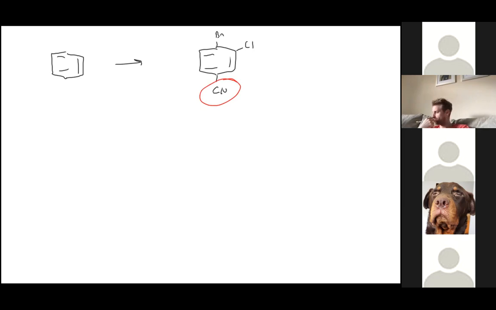I need to go through my diazonium pathway to get there. So adding in HNO3, H2SO4 lets me add a nitro group here.